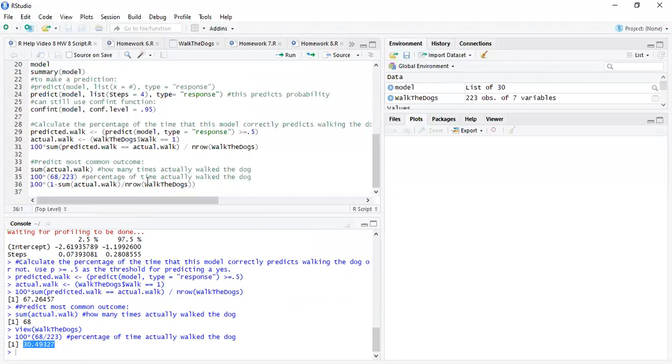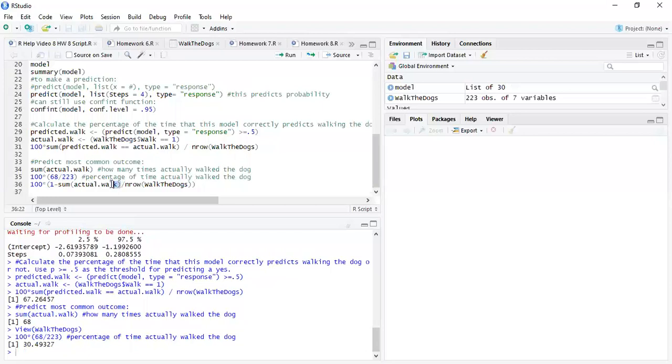This means if we predicted every time that we didn't walk the dog, since this is the most common outcome, not walking the dog, we could see how good our model is. So 1 minus the sum actual walk. This part is important because since we're saying not walking the dog is the most probable outcome, we do 1 minus walking the dog. And this would be whatever the most common outcome is.